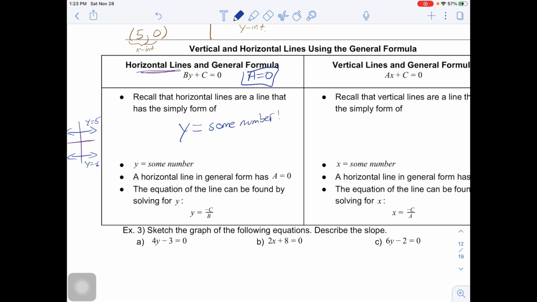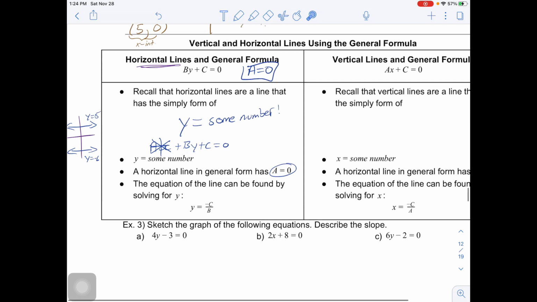Recognize that y equals some number down here. And in general form, we usually deal with this. But understand that since a equals 0, this has been canceled out. So you're just left with by plus c equals 0.